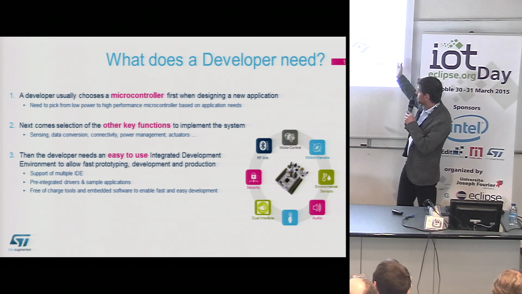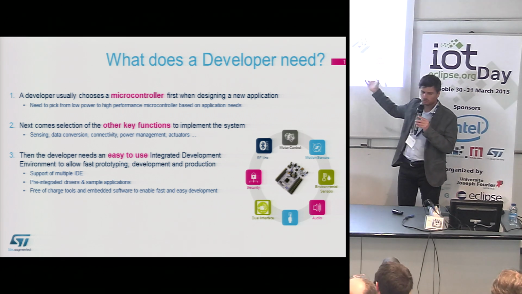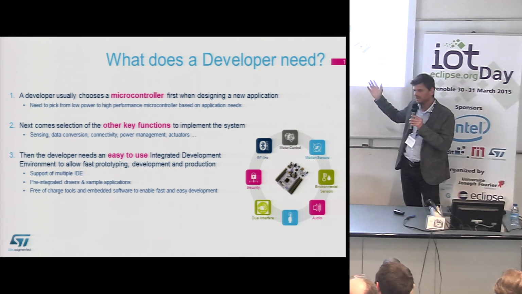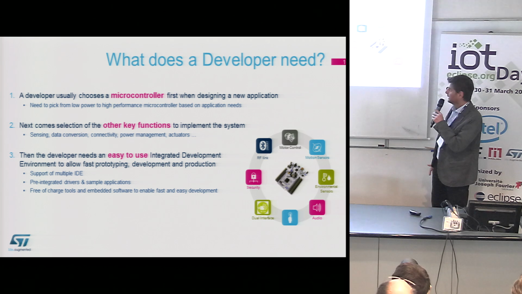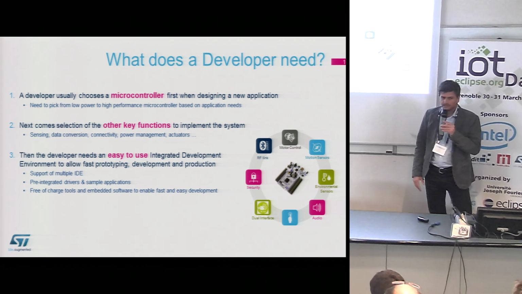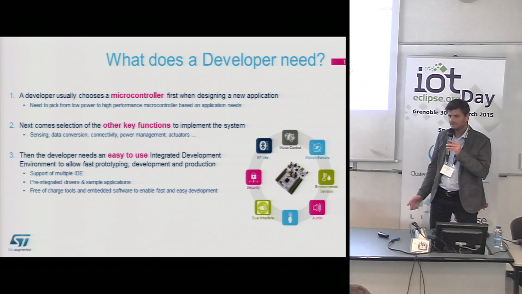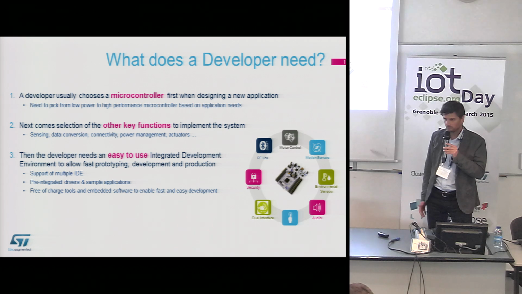We've been speaking about the sensor before. You have the motor control, you have the connectivity, so the Bluetooth and the NFC and whatever other kind of RF connectivity. And the third point is also proposing an environment which is an easy environment for the development of the idea.